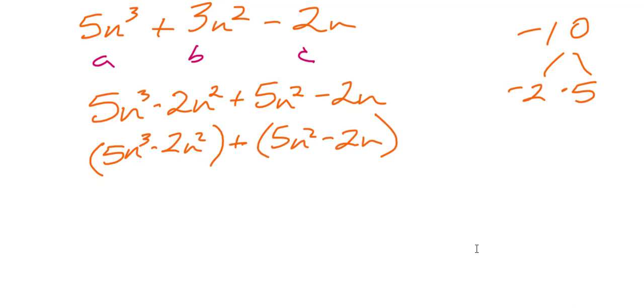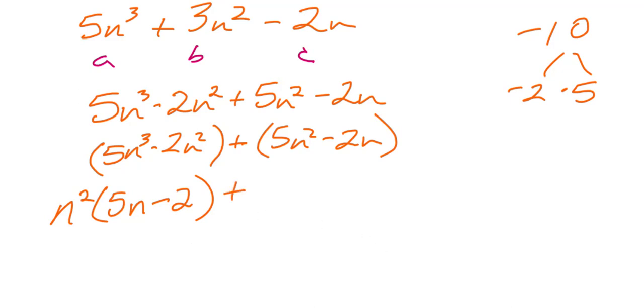And actually, there's no other number other than 1. So all I'm going to factor out is that n squared. And inside will be 5n minus 2. No n on that 2, because remember I took two of those n's out.